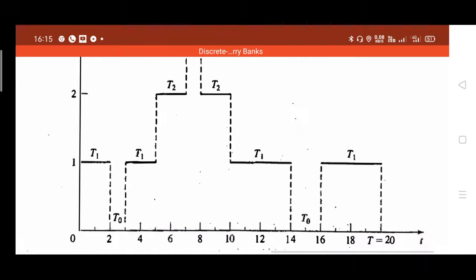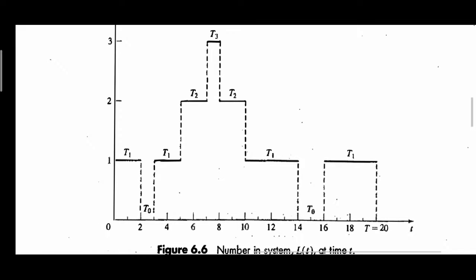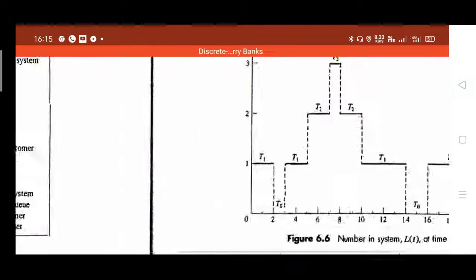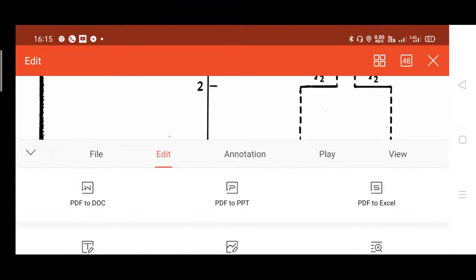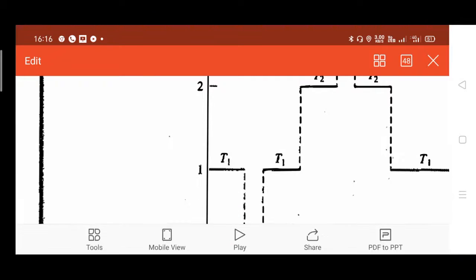Length is 8 plus here 16 to 20, sorry, 16 to 20. So 2 plus 2 is 4. Concentrate carefully, if you want let me highlight it.